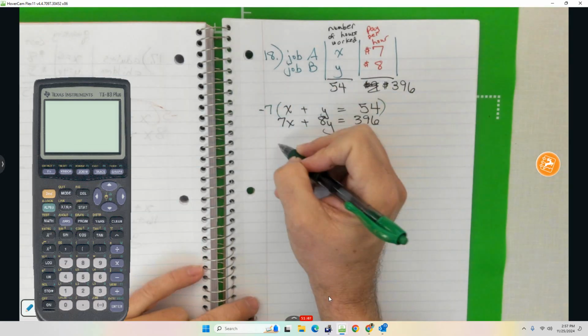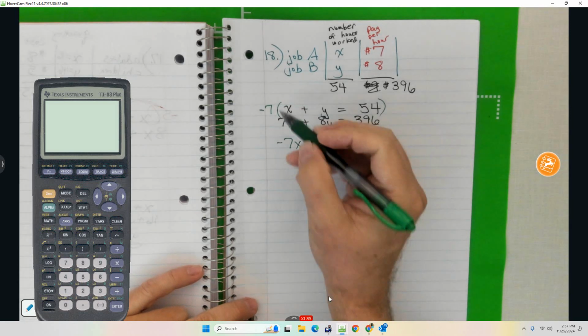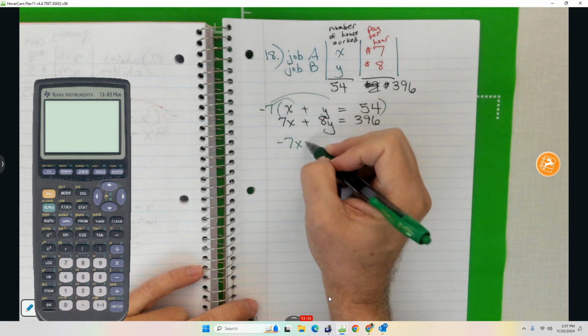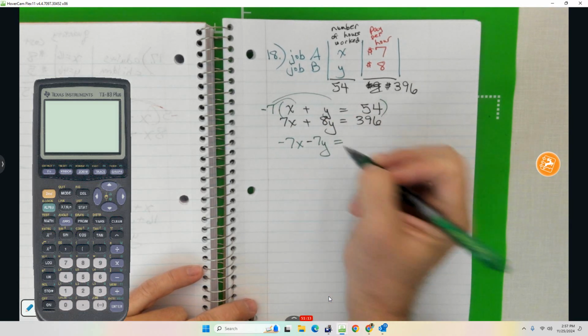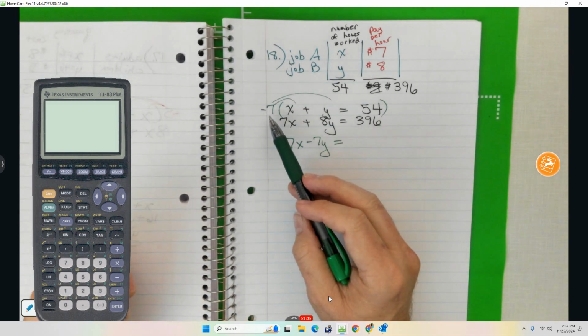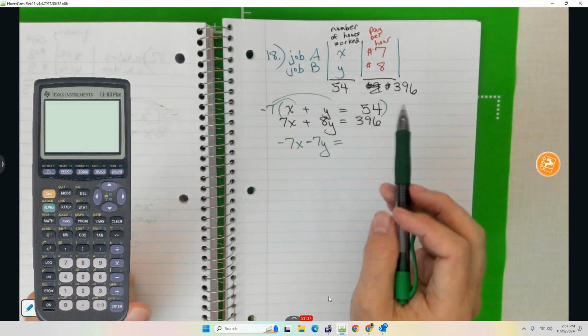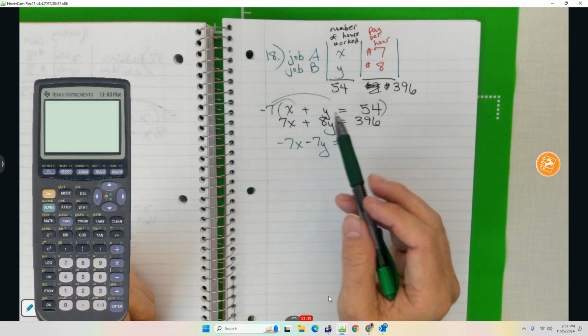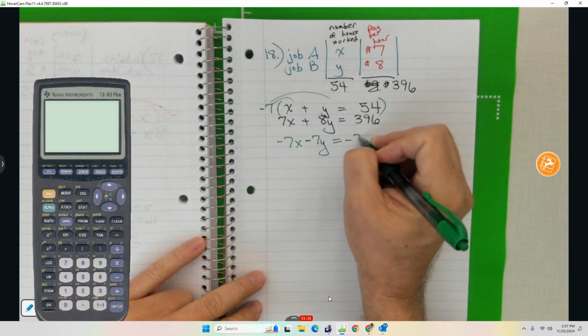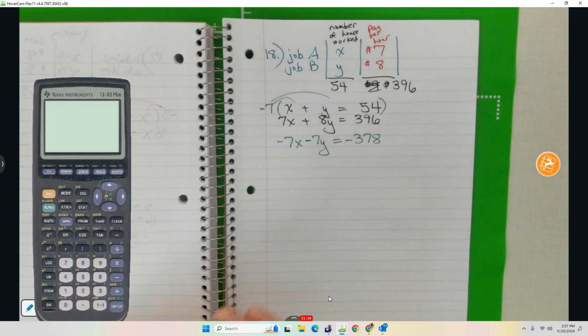That gives me -7x minus 7y equals 50 times 7 is 350. 4 times 7 is 28, so I'm getting -378. I probably don't trust me there.